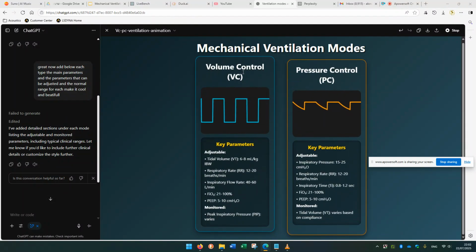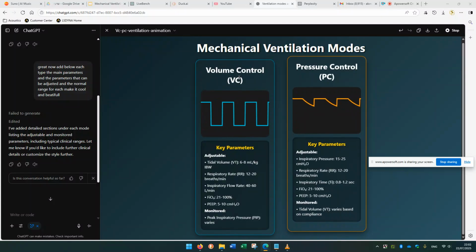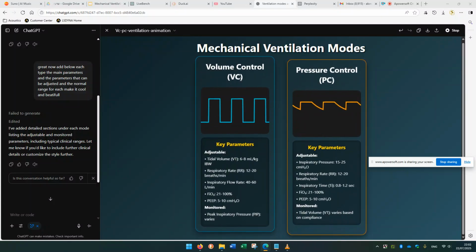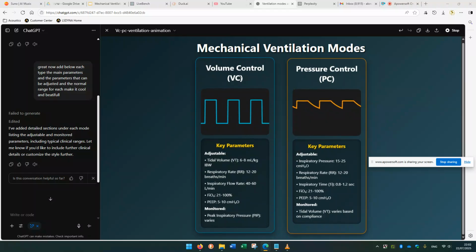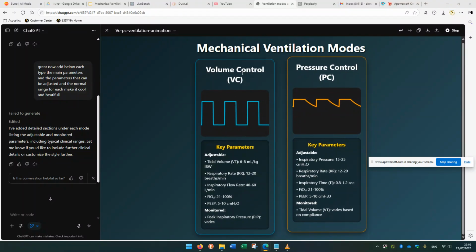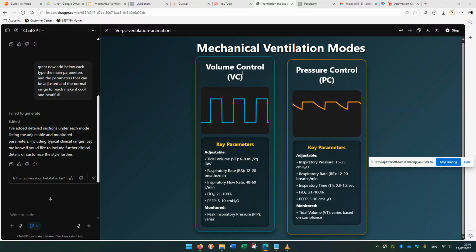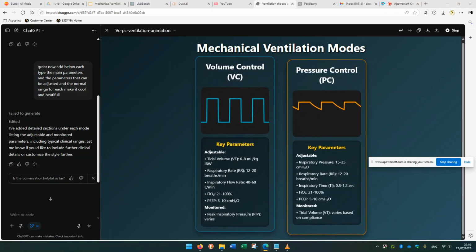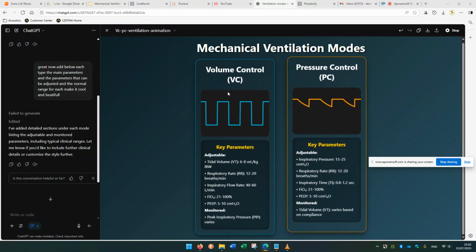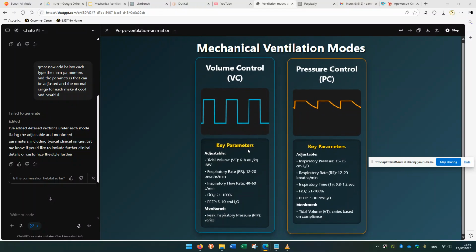So volume control ventilation, VC, I'm talking about assist control ventilation, which means that the ventilator gives breaths to the patient that are mandatory. Volume control ventilation says that the machine, the ventilator, will give breath to the patient based on the volume we will give to the ventilator.